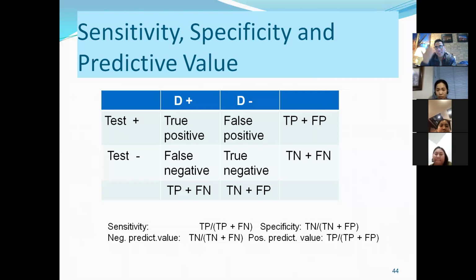If you are not specific, then your number for sensitivity also gets affected. So that's what you call the 2x2 table. It is so important in epidemiological investigation because of what we call the theory of marginal probability.